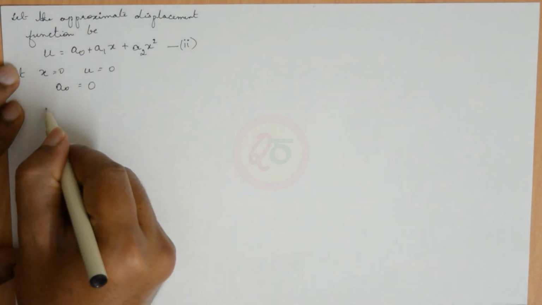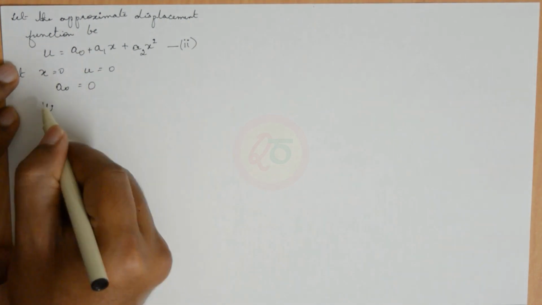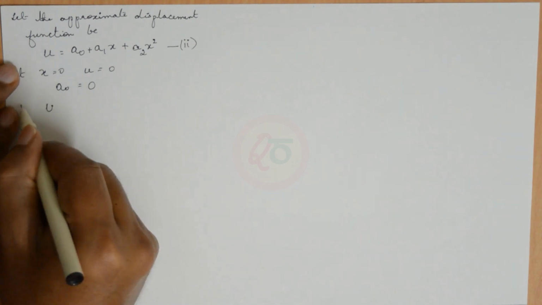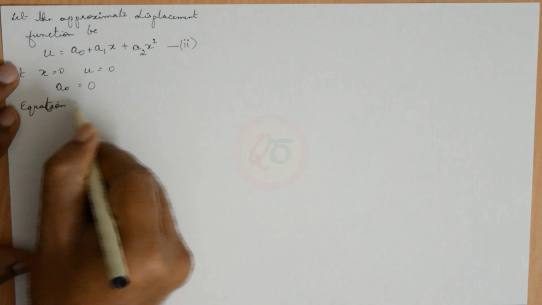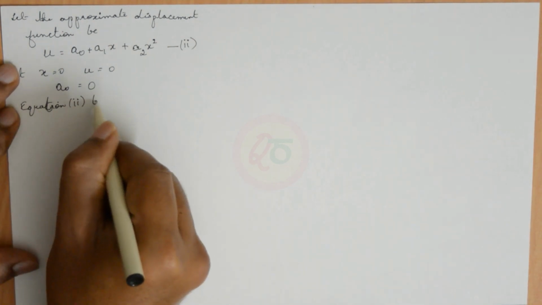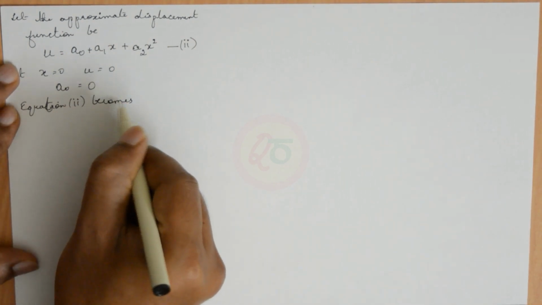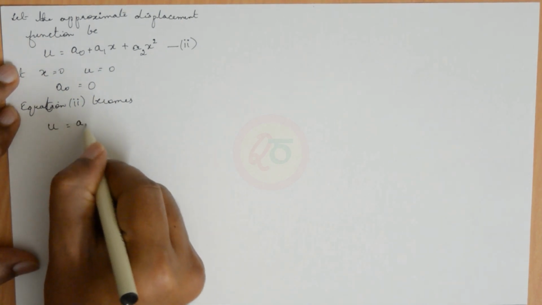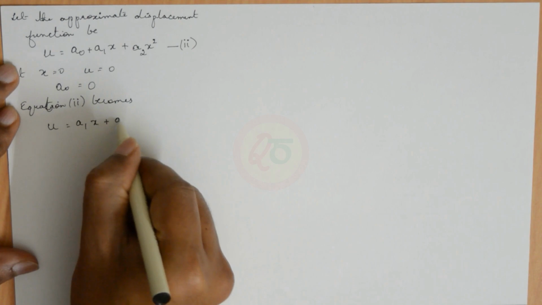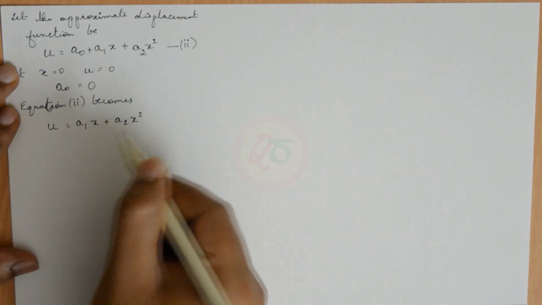So equation 2 now becomes u equals a1x plus a2x square.